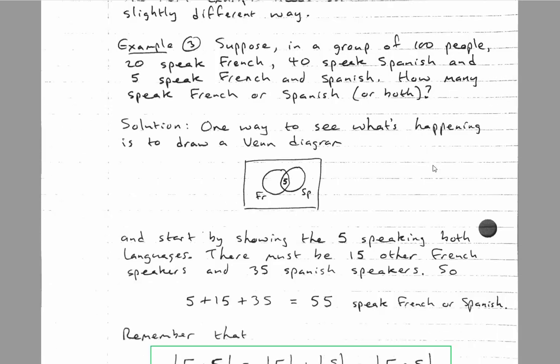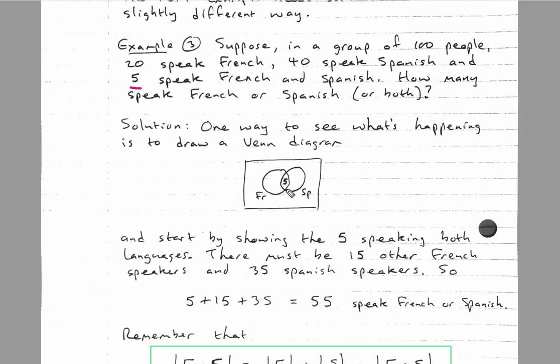A nice way to think about it is graphically using these Venn diagrams. We have our universe of 100 people. We can look at the subsets that speak French and that speak Spanish.